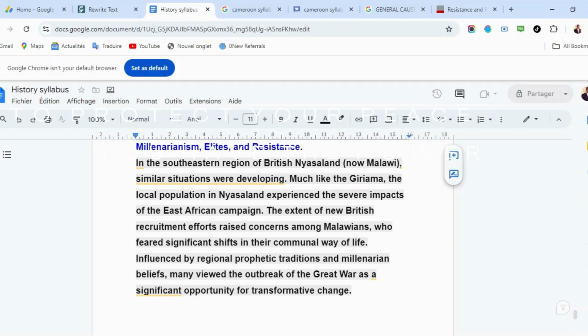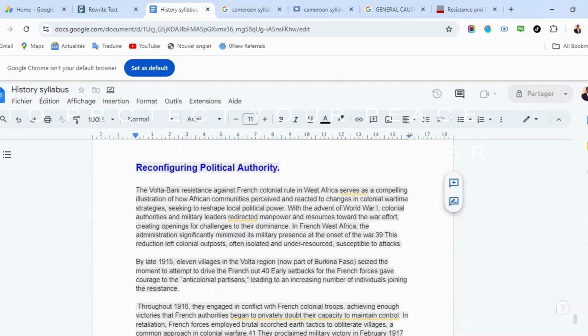The extent of the new British recruitment raised concerns among Malawians who feared significant shifts in their communal way of life, influenced by regional prophetic traditions and millenarian beliefs. Many viewed the outbreak of the Great War as a significant opportunity for transformative change.